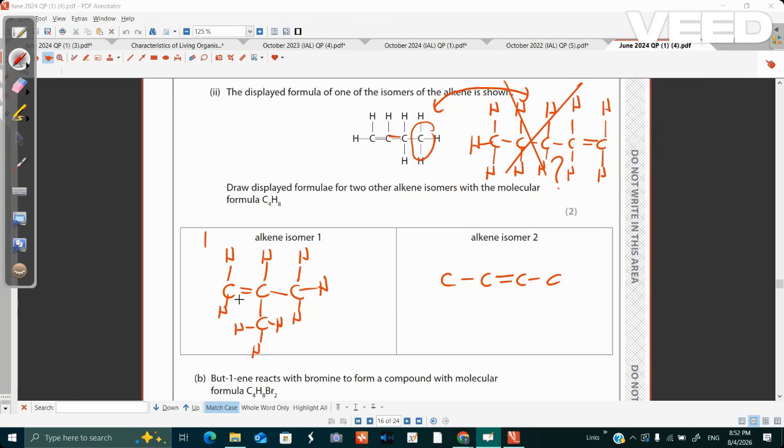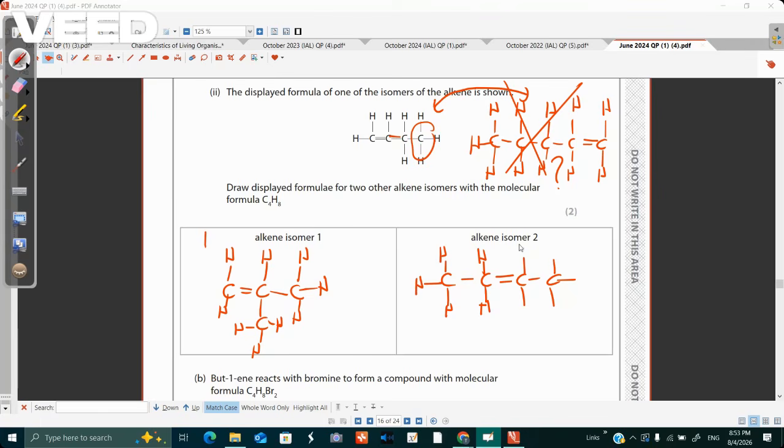See, same number of carbons, same number of hydrogens. Here also you must complete the hydrogens, with the correct number of bonds. Since they have a double bond, you need only what now? Two hydrogens here. Plug in the hydrogens and see.